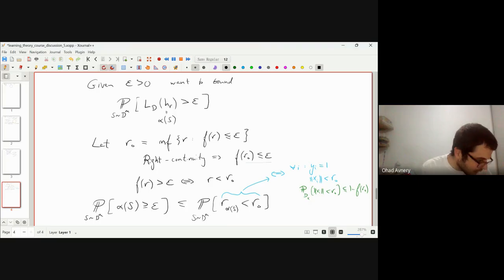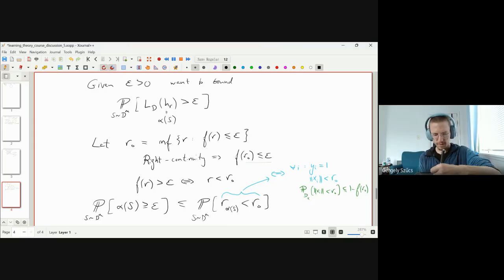Yeah, I'm actually not totally sure how to settle this. It seemed like the right kind of thing, but maybe I wrote one of the inequalities the wrong way.